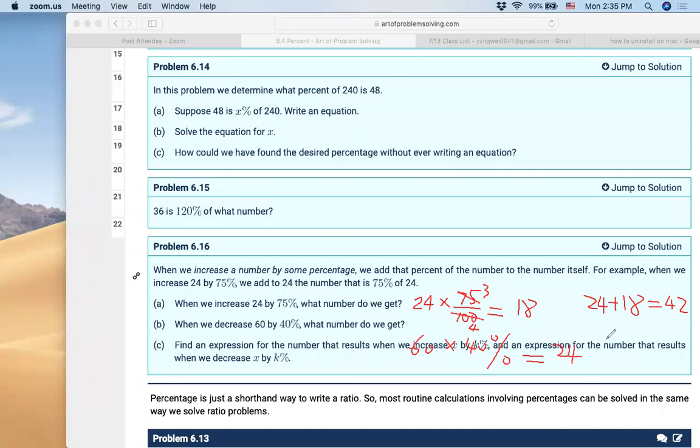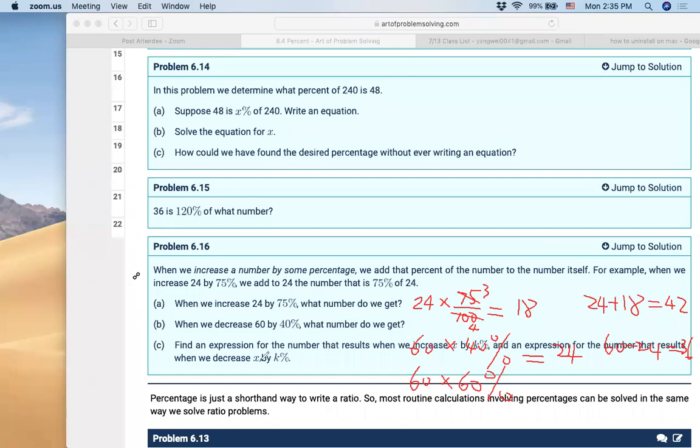So then 60 minus 24, we got 36. That is one way. You can also use 60 times 60%, right? Decrease 40% means the new number is only 60% of the old number. Old number is 60, so you use 60 times 60%.